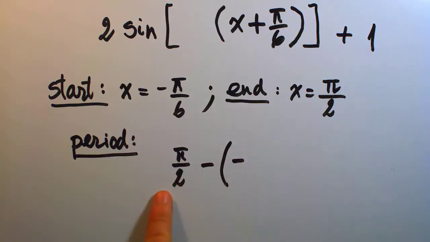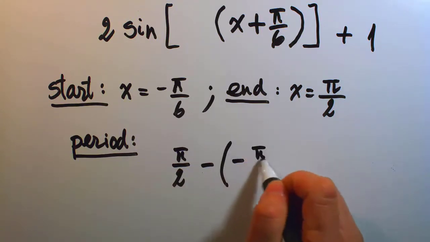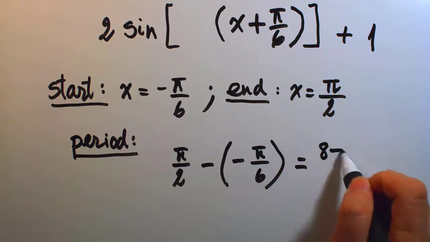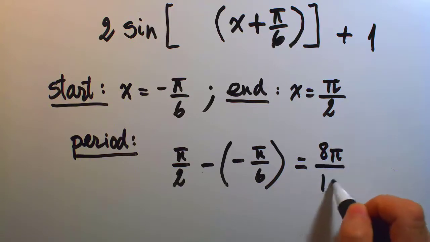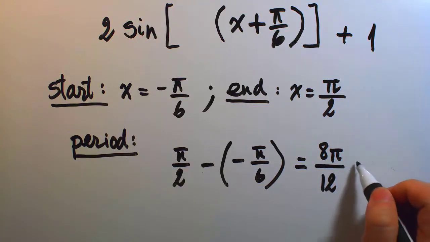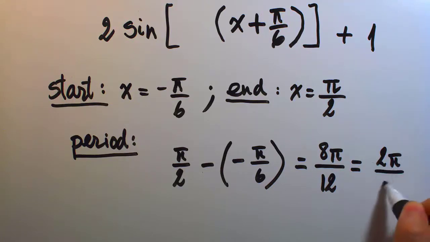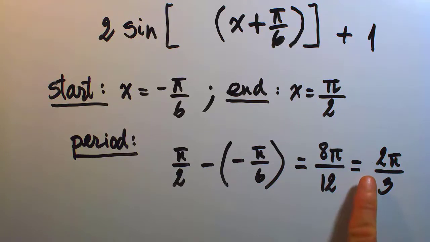So pi over 2 is our ending point, minus the start at negative pi over 6. Let's just do the math here. The calculation comes out to be 8 pi over 12, which in turn reduces to 2 pi over 3.